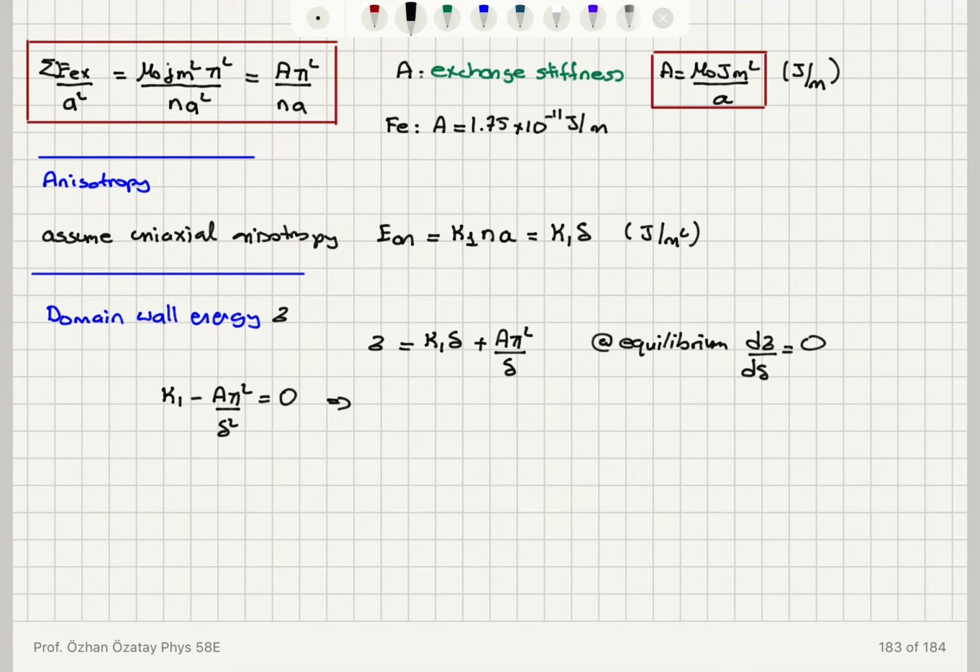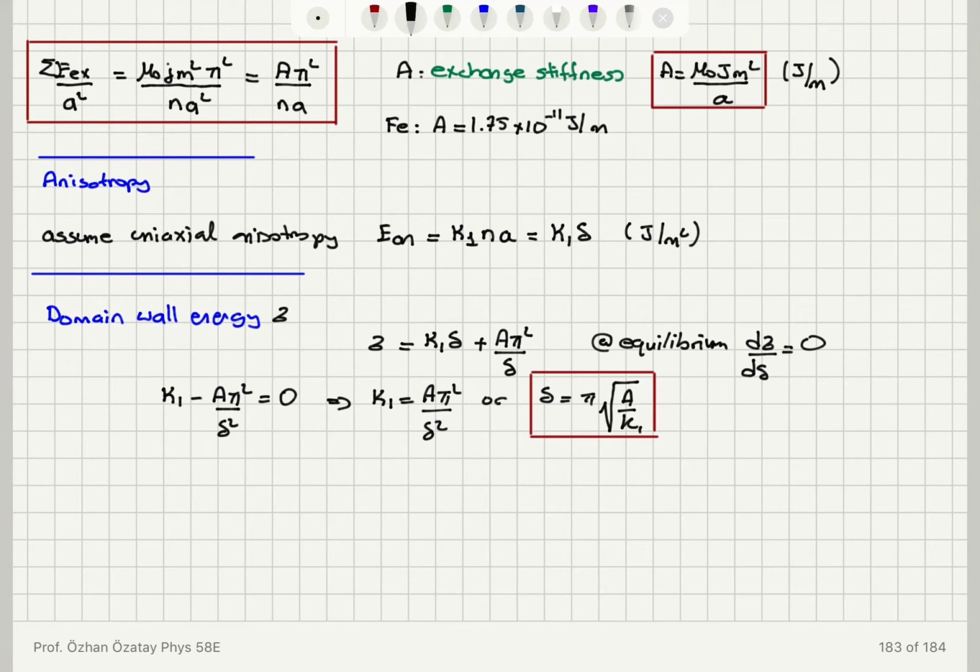So K1 is equal to A pi squared over delta squared, or the domain wall width is pi square root A over K1.